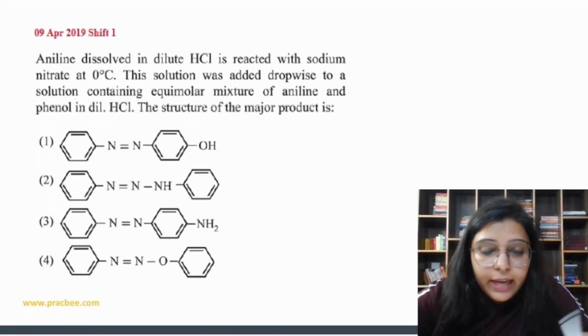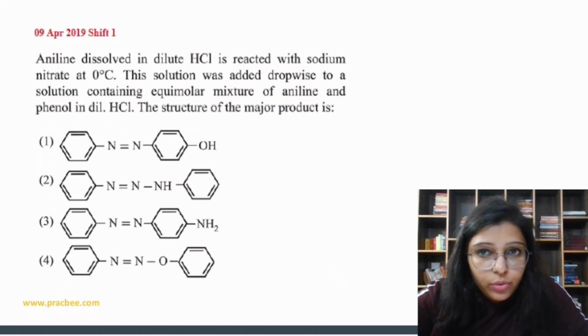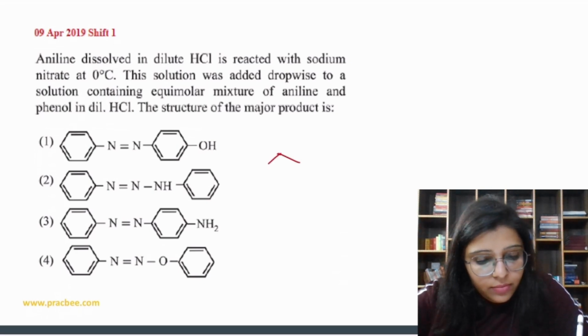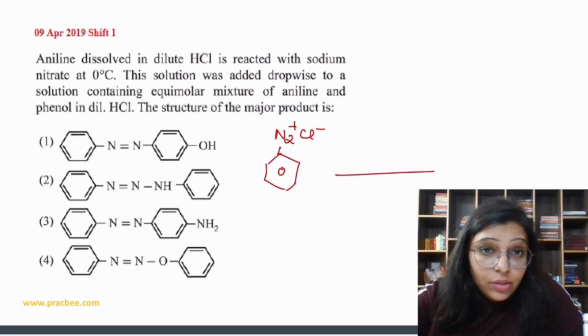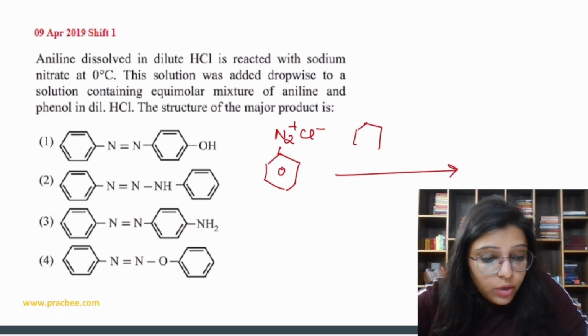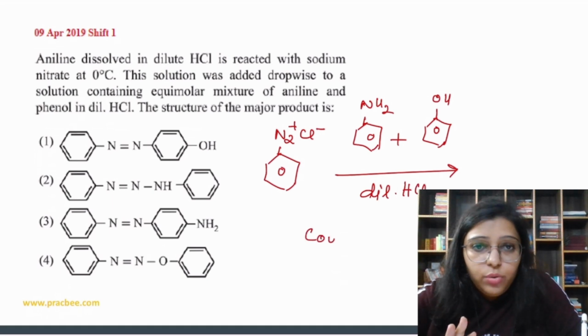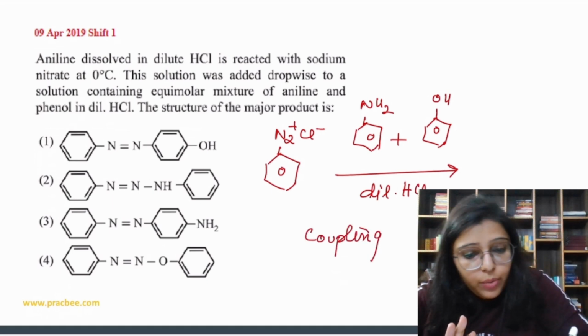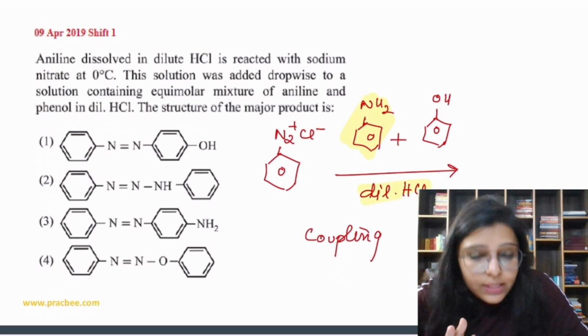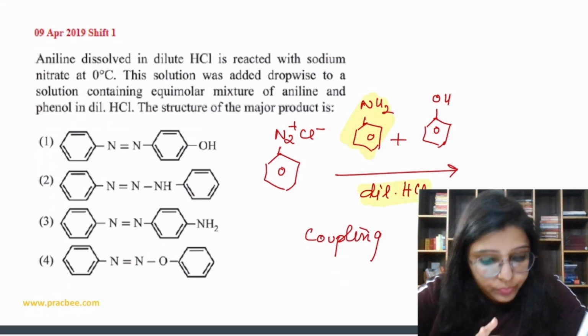Aniline dissolved in dilute HCl reacts with sodium nitrite at 0 degrees Celsius. This solution was added dropwise. It means we are going to form N2+ Cl-. The question says now this solution is added to an equimolar mixture of aniline and phenol in dilute HCl. Obviously we have to do coupling. Now with aniline, coupling happens in the presence of mild acidic medium.